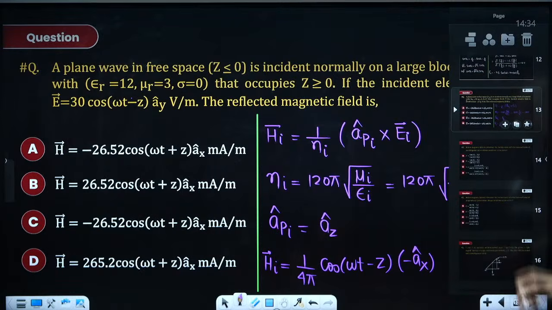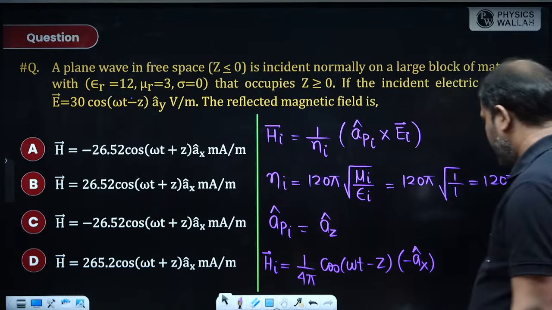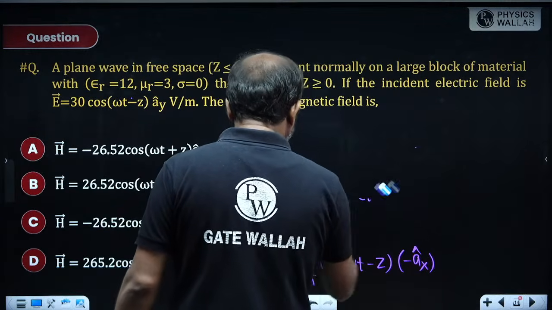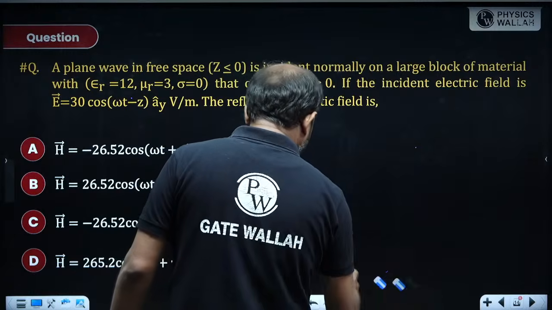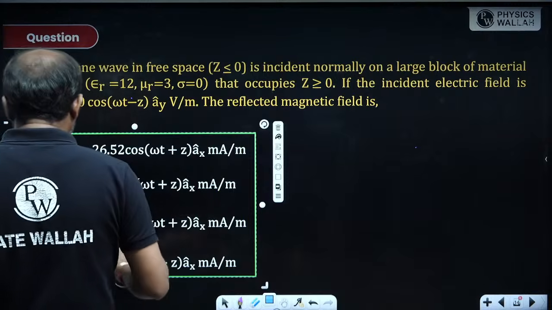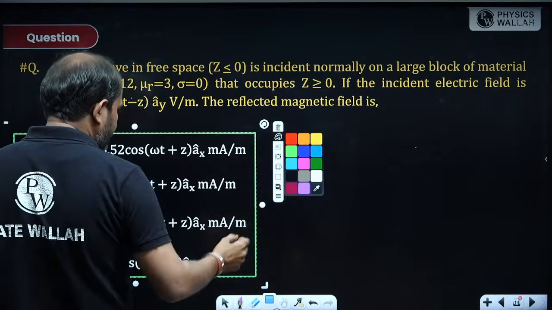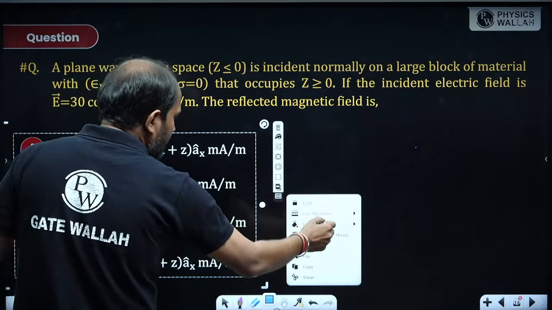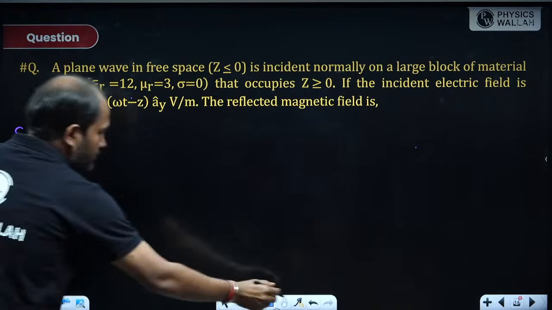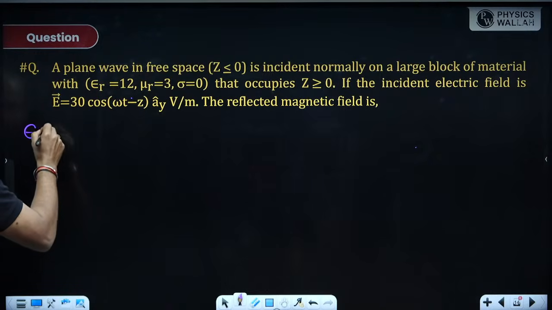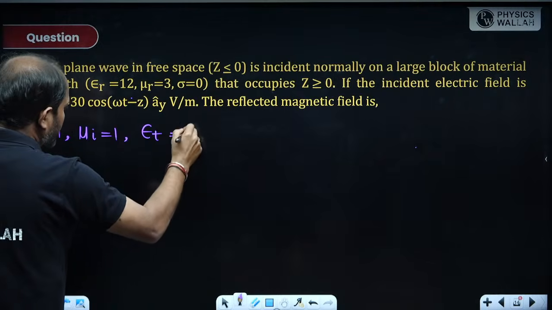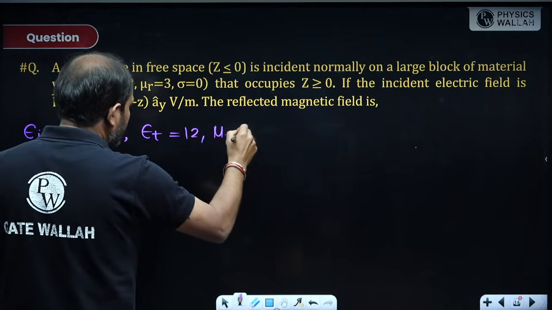Then what will we do? I will calculate gamma E. For gamma E, epsilon I is equal to 1, mu I is equal to 1, epsilon T is equal to 4, and mu T is equal to 3.